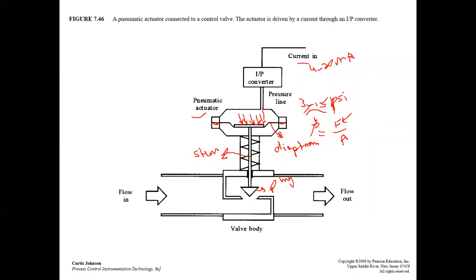Because we have a range from 3 to 15 psi, corresponding to a range of current from 4 to 20 milliamps, we can control the opening of the control valve from 0 to 100%. This is called a control valve because we can control the opening, the stem position. At any point, the stem can be controlled from 0 to 100%. So it can be fully open, fully closed, or half, 20%, 60%, any value.